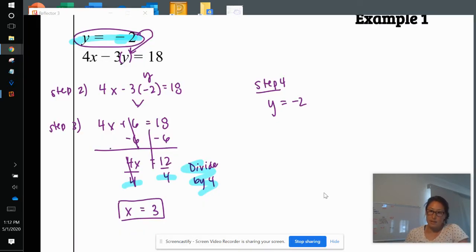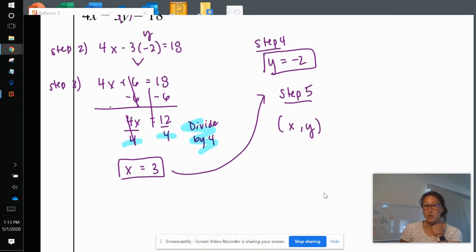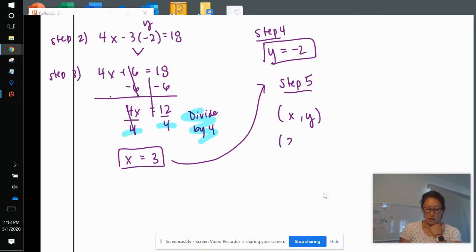So I can see that when I plug in x, there is no place for me to plug in x. I get y is equal to -2. So this is the y value that I'm looking for. Step 5 is to write the solution as an ordered pair. So the ordered pair would be x comma y, meaning there's one solution, and the solution is 3 comma -2.